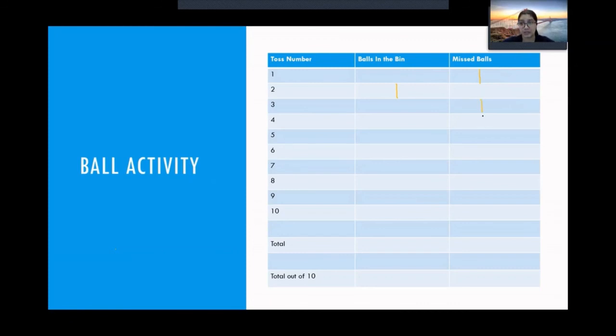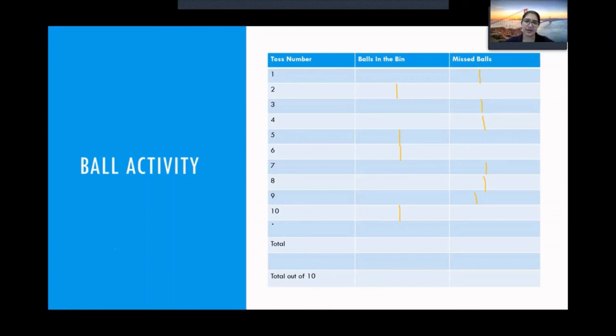Fourth time, I also missed. Fifth time, I made it, thankfully. I made it a sixth time. And then I missed again. And I missed another one. And a third one for good measure. And thankfully, on my last one, I was able to make it. So I did save my game. I wasn't a complete failure in this game.